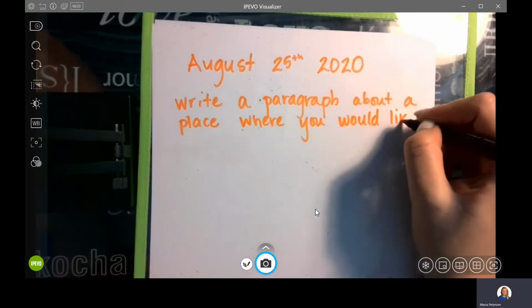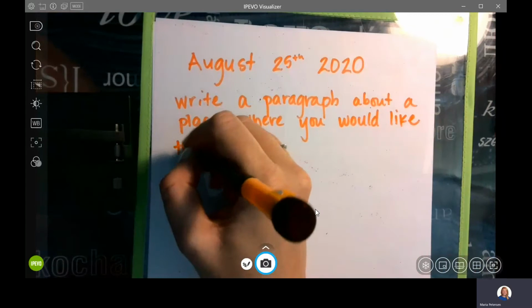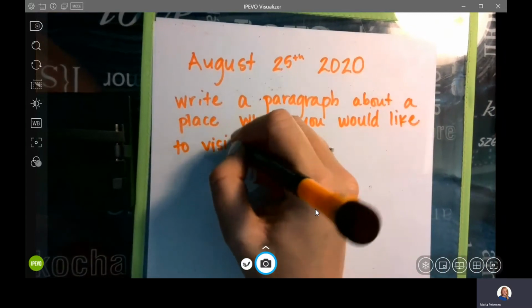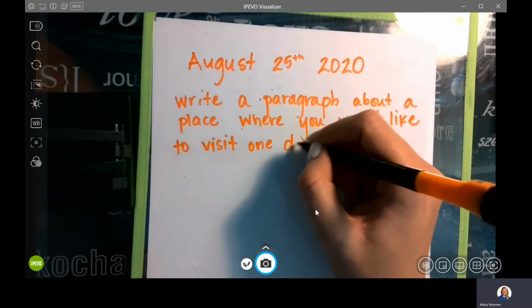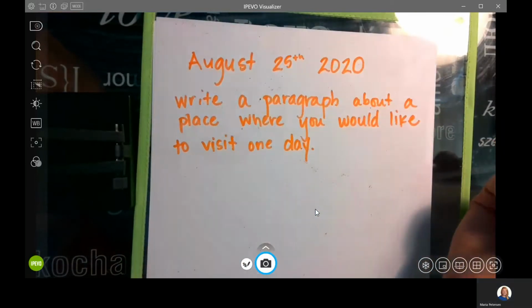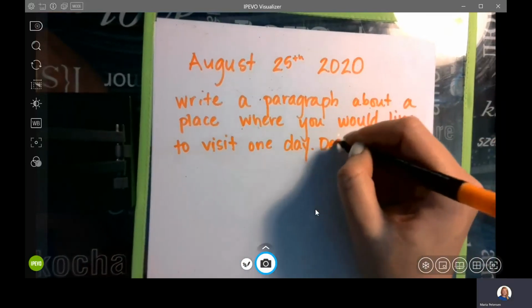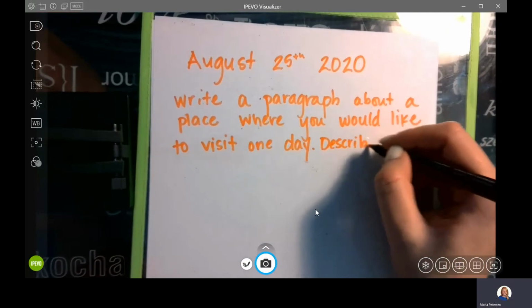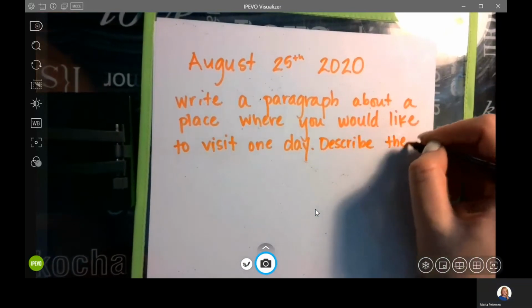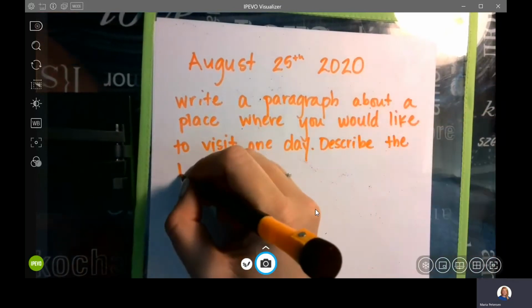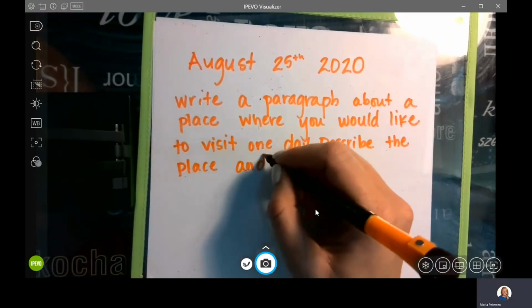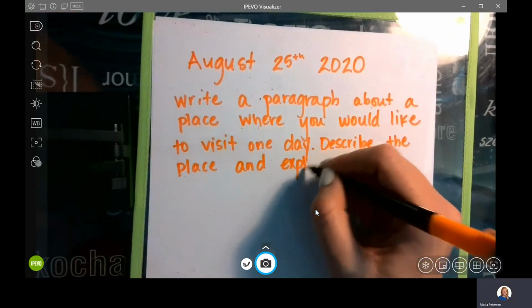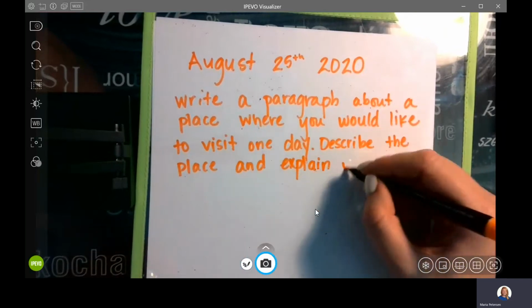This can be anywhere. It could be a city, it could be a country, it could be a continent, anywhere. It's totally up to you guys. I want you to describe the place. What does it look like? What does it smell like? Are there trees? Are there mountains? And I want you to explain why you want to visit.